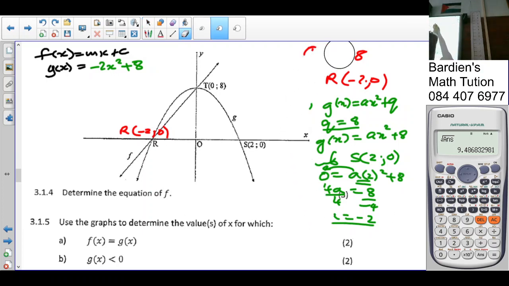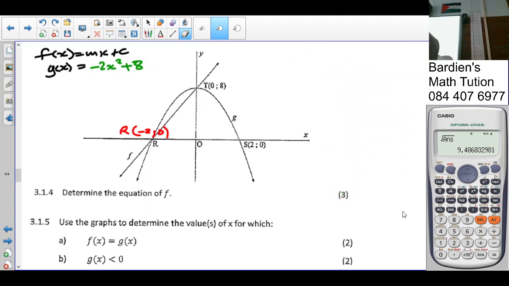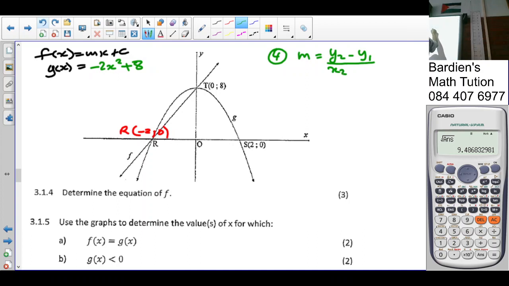So what type of graph is f of x? A straight line. To calculate the equation of a straight line, I need 2 points on the graph, which I do have. I have R and T. Not so? So for the gradient, how do you calculate gradient? y2 minus y1 over x2 minus x1. Not so. If you make this x1, this will be y1.